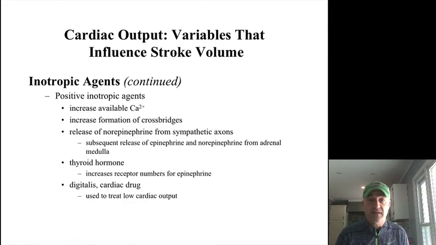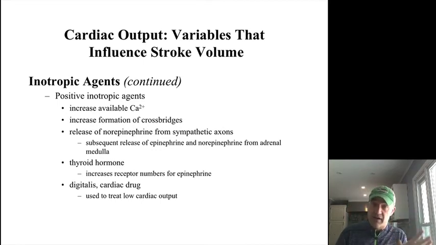So not surprisingly, we can have positive inotropic agents. These are going to increase the levels of calcium, increase cross-bridge formation. Norepinephrine and thyroid hormone are both things that the body releases that are going to increase the amount of calcium available. So norepinephrine from sympathetic, and thyroid hormone increases the number of receptors for epinephrine.